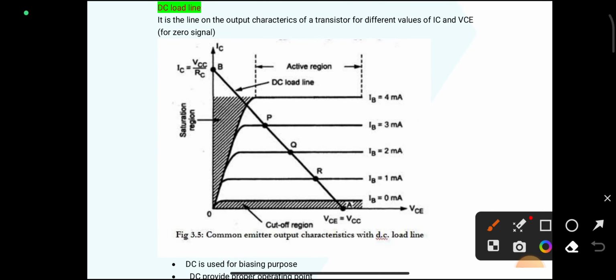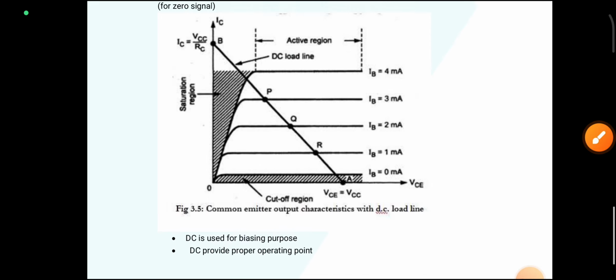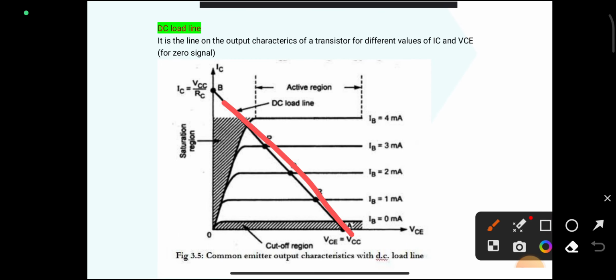This is the DC load line, which means the transistor takes the probable values of IC and VCE along this straight line. So this is about the DC equivalent circuit.